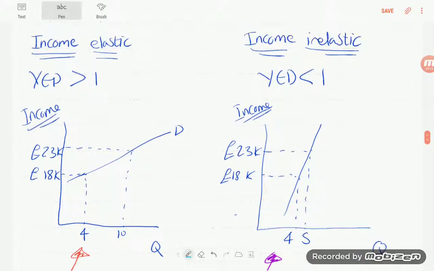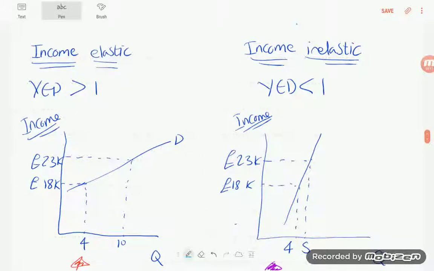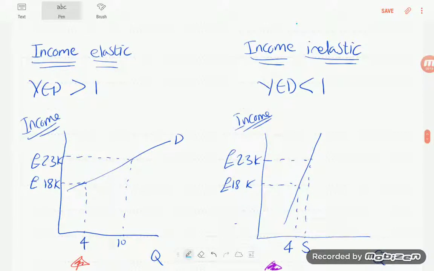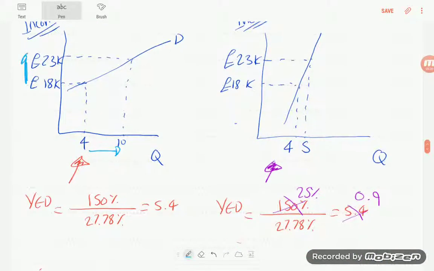An increase in income of £5,000, i.e. the difference between these two here, leads to an increase in the demand for the good of 6 units. This gives an elastic or relatively elastic YED of 5.4%. So you can see the numbers below that were plugged in.